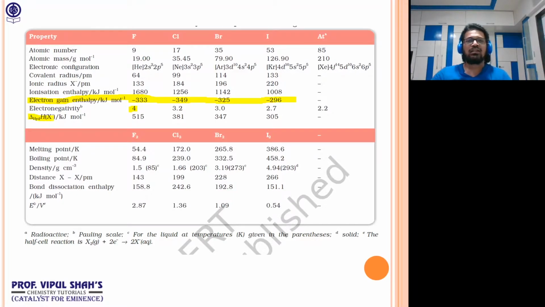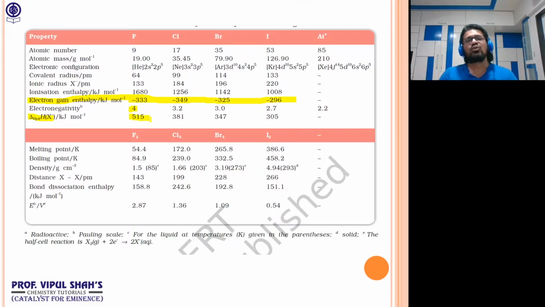That is when 1 mole of a substance is dissolved in water, then the heat which is liberated. Now if you observe, for F the enthalpy of hydration is very, very high, 515 kilojoules per mole. Then as it goes down, it decreases. So F has maximum, meaning fluorine when dissolved in water, it readily forms fluoride ions.